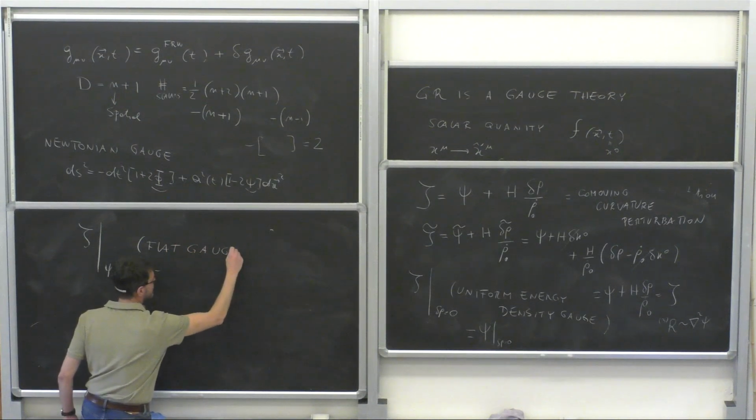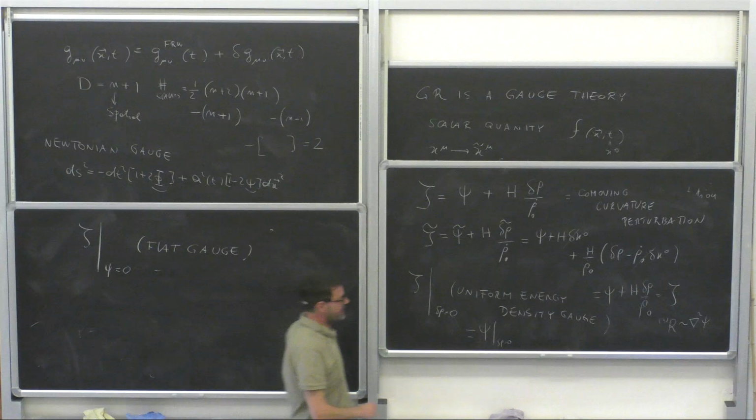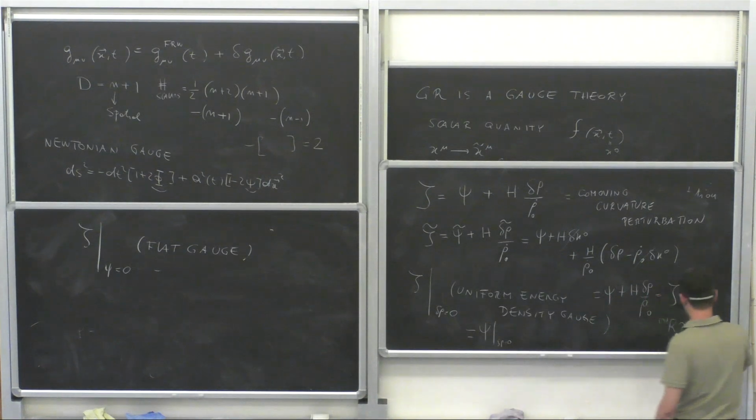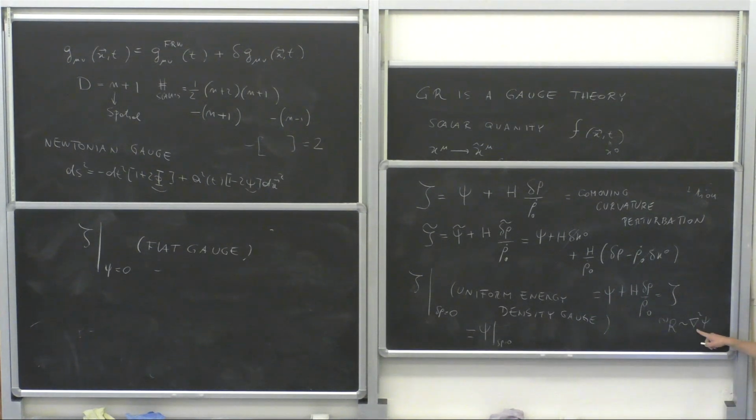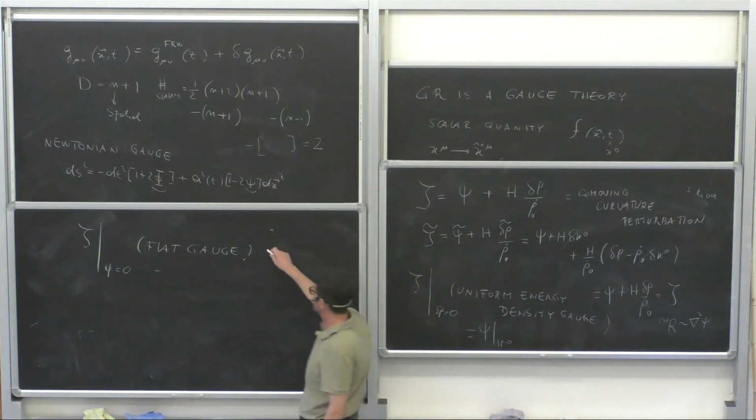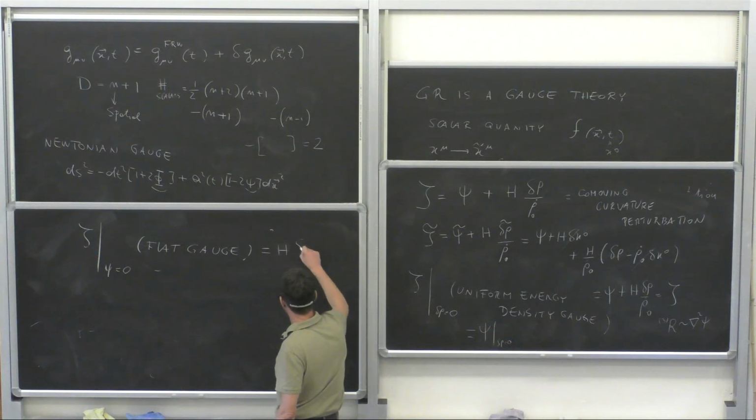It's called flat because, of course, if you think about this relation, the curvature of my space-time is the Laplacian of psi. If psi is 0, this is 0. So locally, my space-time is flat. So in this case, I have simply h delta rho over rho dot.